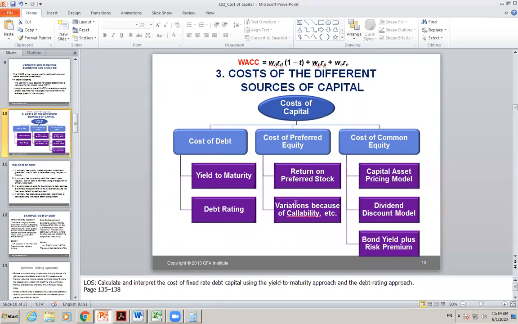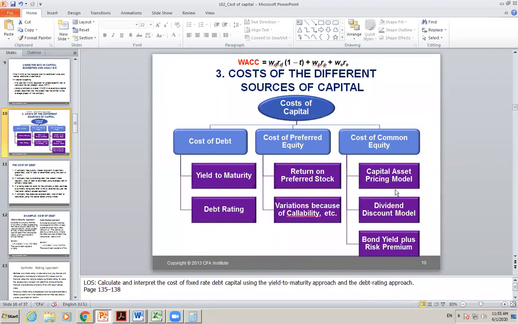It becomes a bit challenging when there is convertible preferred equity, but we're assuming that it will not take place in our projects. Now is the time to move to cost of common equity.